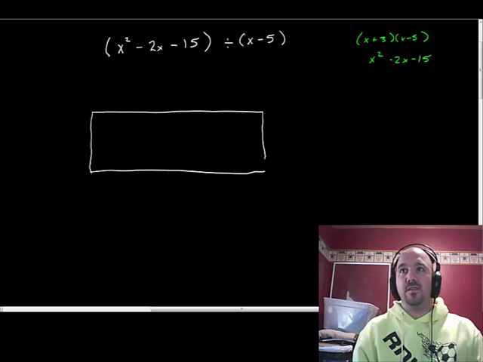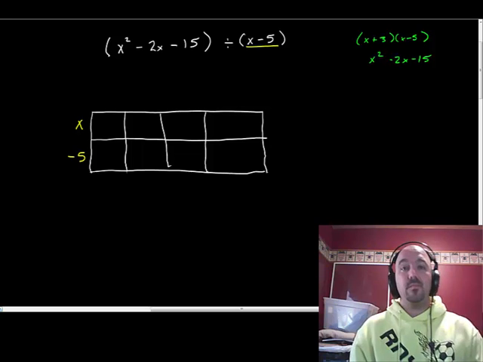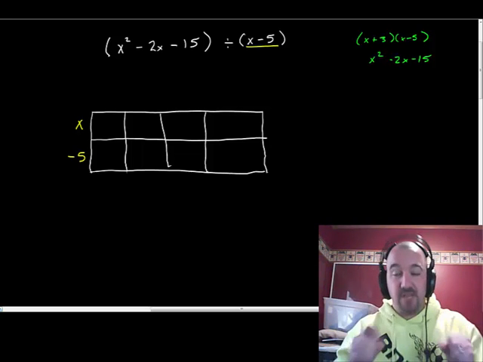So if I create this box here, this is 3 terms long, and therefore I'm going to make 4 terms. 1, 2, 3, 4. It doesn't have to be perfect. Then I'm going to start by placing my divisor off to the side, over on this left-hand side. And this is that initial setup.